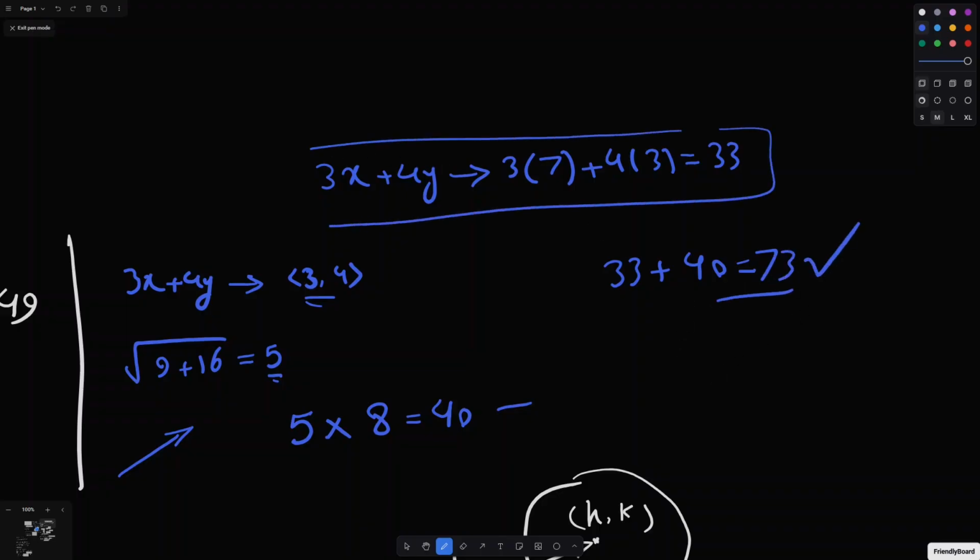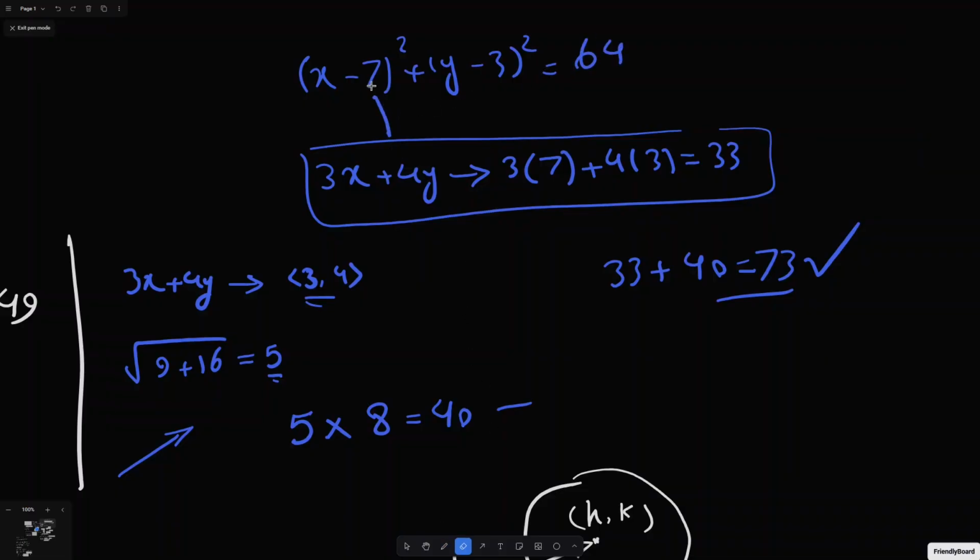This is coming from the fact that you're just substituting in here. Our x was the equation of the circle. Remember, we are dealing with this equals 64. So this is going to be our x, and this is going to be our y. All we did was substitute those.